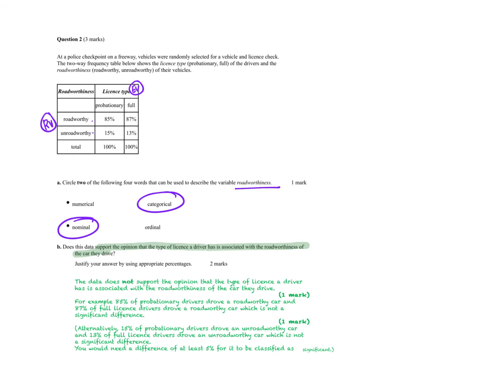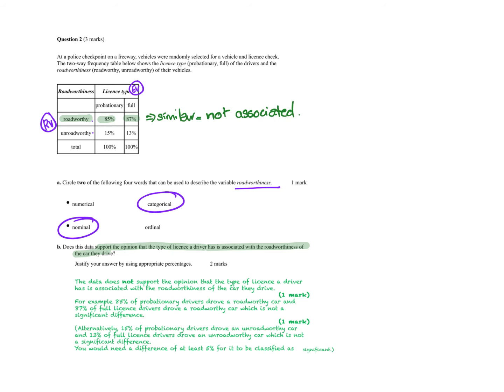So if we just look at one category, roadworthy, 85% of P-platers drive a roadworthy car, and so do 87%. So because this is similar, I'm going to say that it is not related. Okay, so it doesn't indicate they're associated.